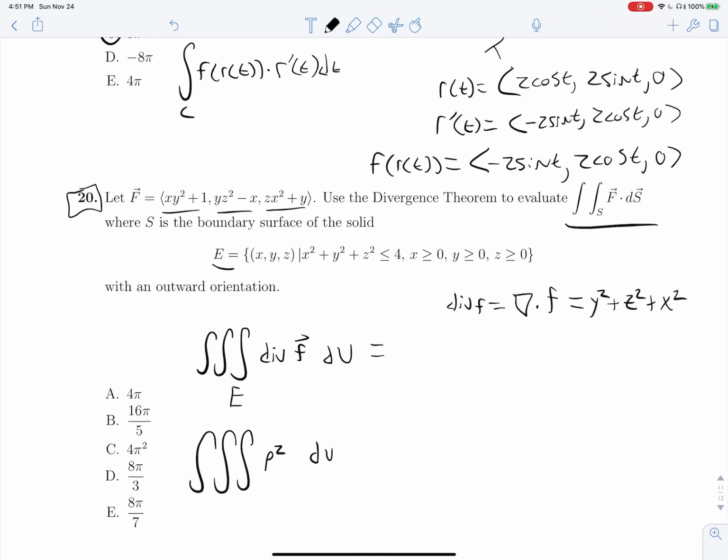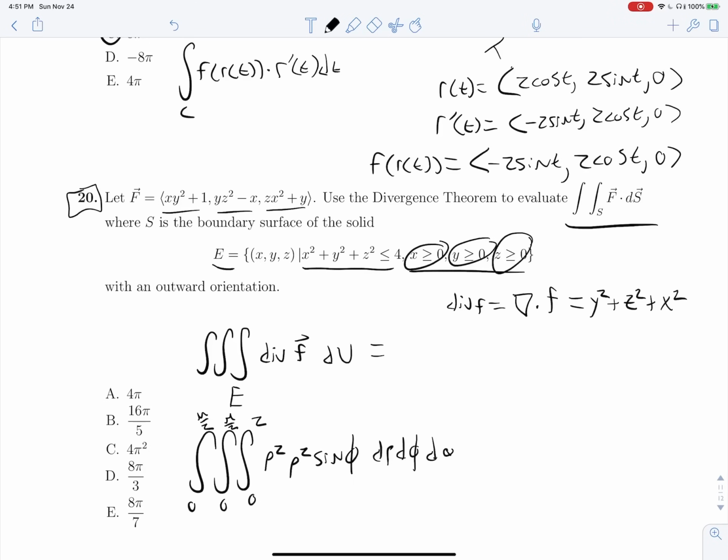And since we're already putting that in spherical coordinates, what they're really looking for is the volume of the sphere of radius 2 in the first octant, where x, y and z are all greater than 0. So we can replace these with rho squared sine phi d rho d phi d theta, where theta runs between 0 and pi over 2, phi runs between 0 and pi over 2, and rho runs between 0 and 2.